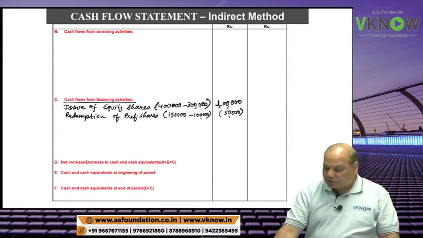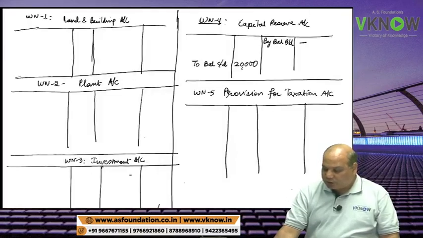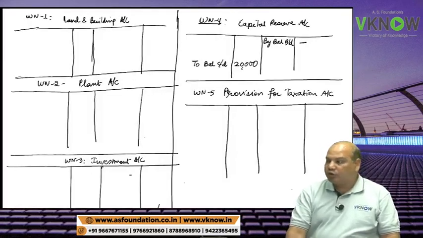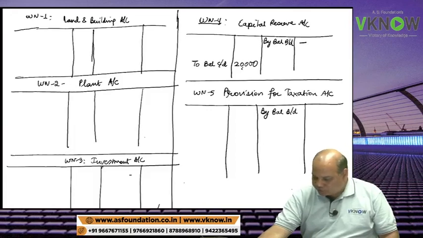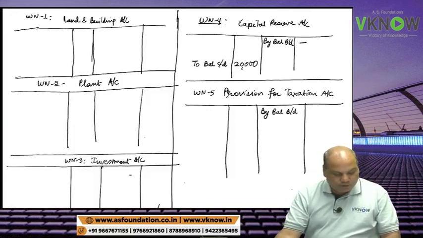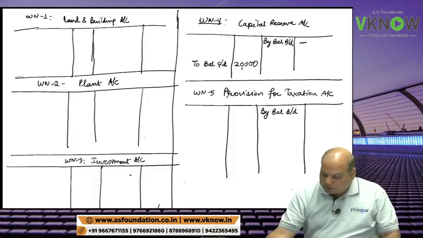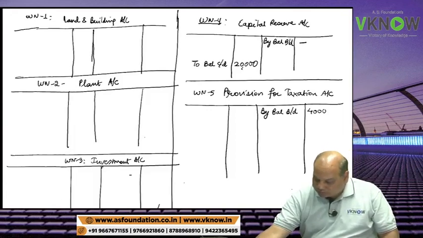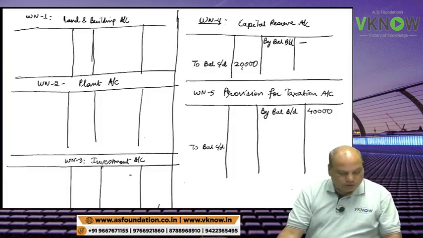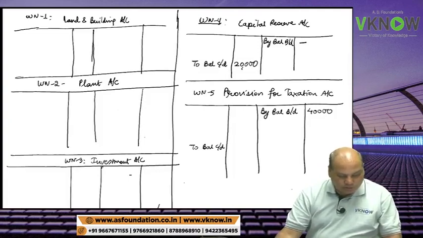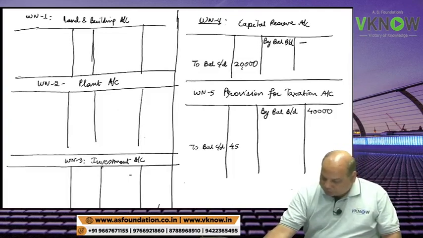Provision for taxation. There is a working note number 5 on the screen right side. Only write down opening and closing balance. Provision for taxation, opening balance 40,000 here on the credit side, and to balance carried down, closing balance 45,000.